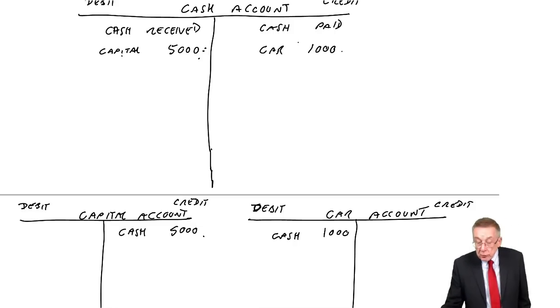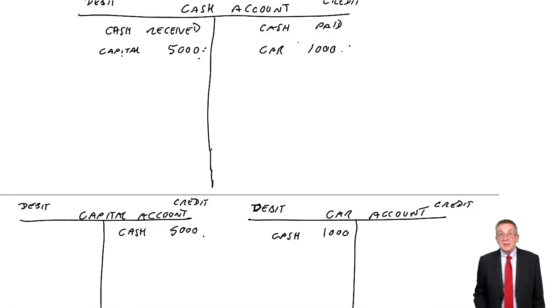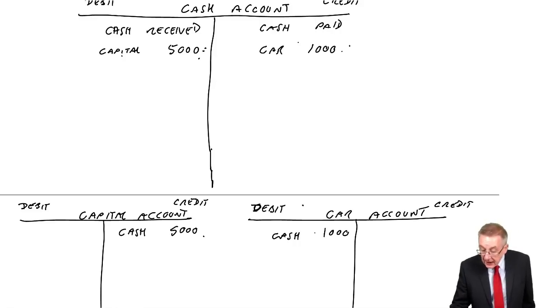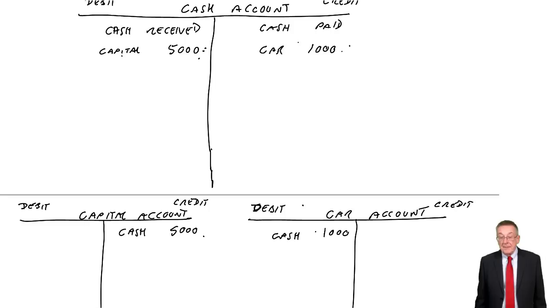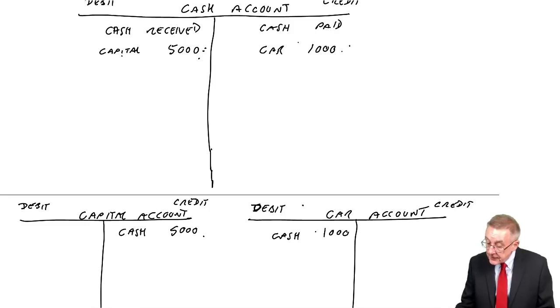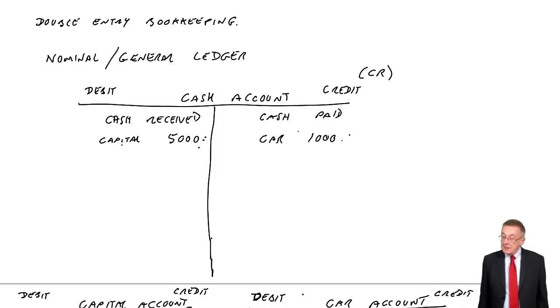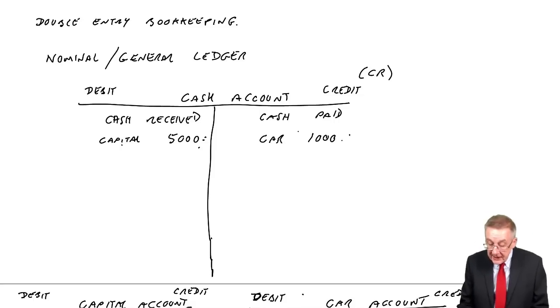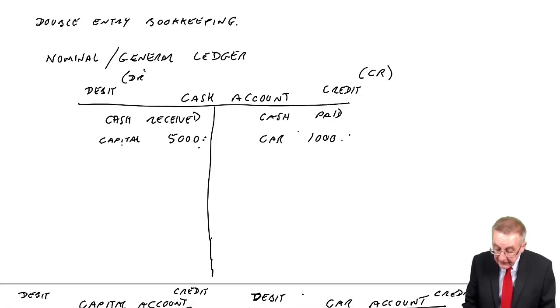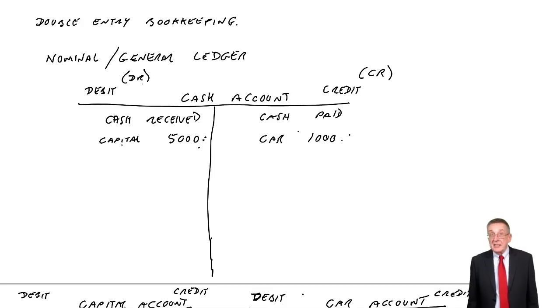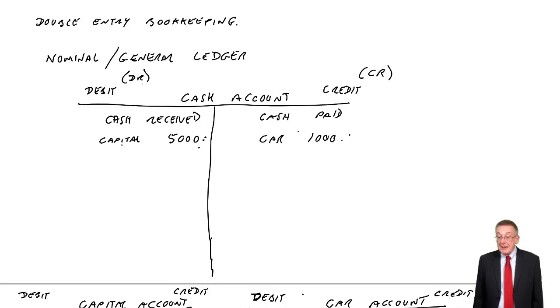We say we credit cash with 1,000. We debit car with 1,000. And before we carry on, the abbreviations. The abbreviation for credit is CR, which seems perfectly logical. The abbreviation for debit is DR. I have no idea why, but anyway, DR is debit, CR is credit.